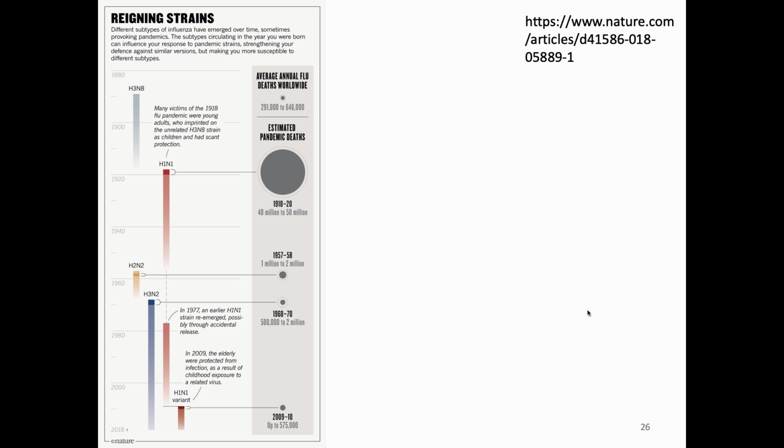There's some H1N1 that came out later. The reason I'm showing you this is that if we think about the United States population right now, different age groups had a different kind of flu be their first flu, their original antigen.